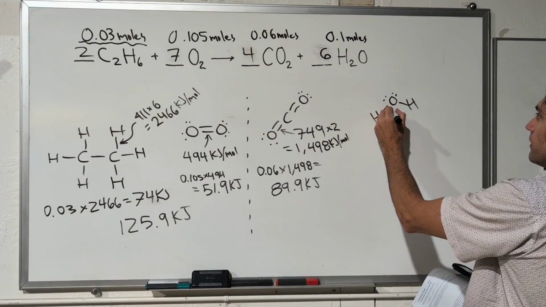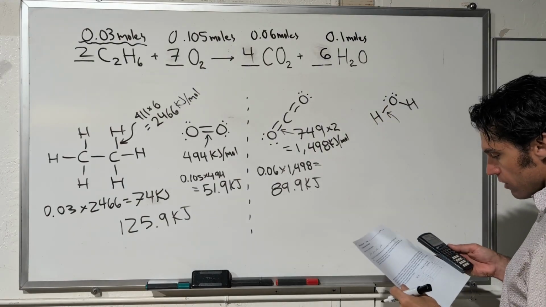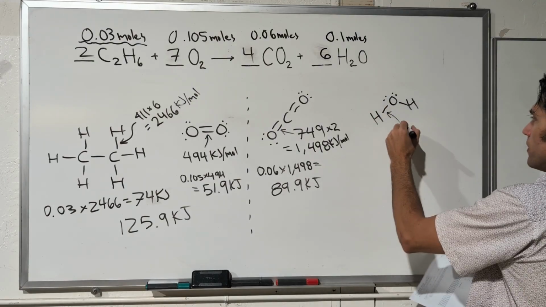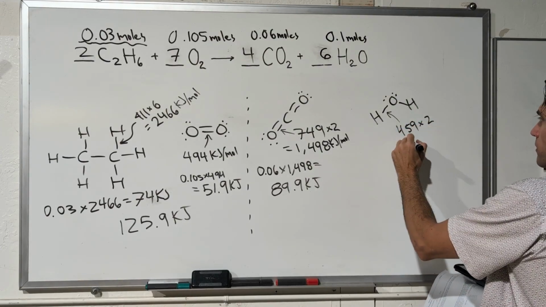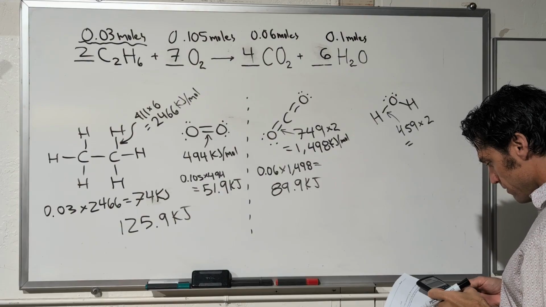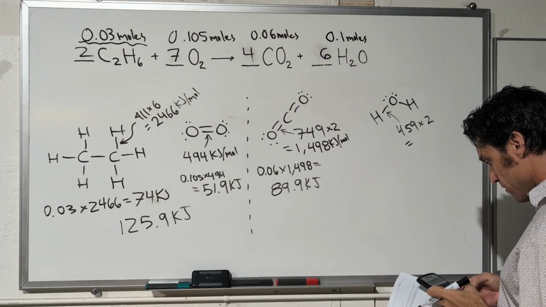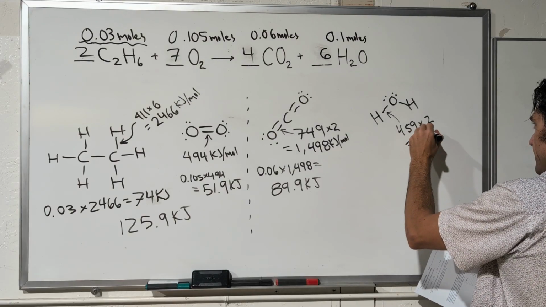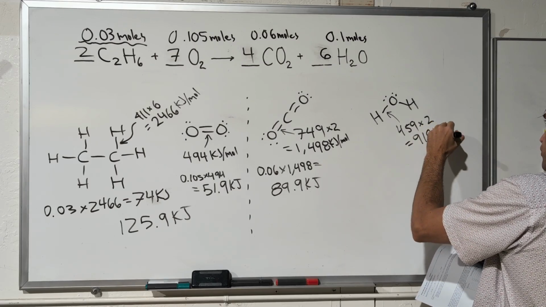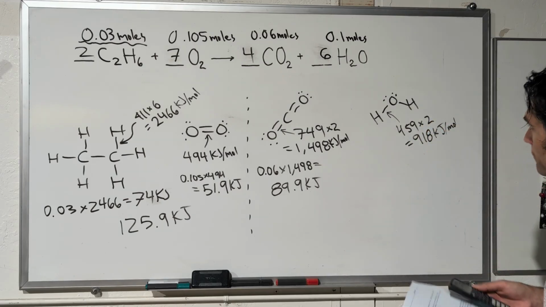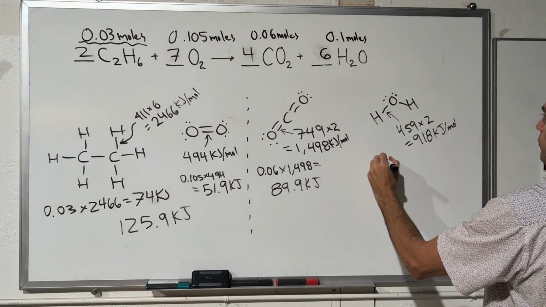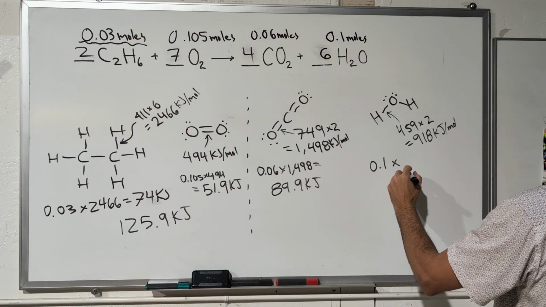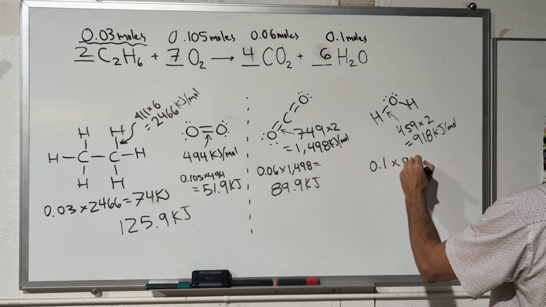Okay, let's look at this side, water. The OH bond, 459 kilojoules. We got 2 of them per molecule. So 459 times 2 is 918 kilojoules per mole. But we don't got a mole. We got 0.1 moles. 0.1 times 918.